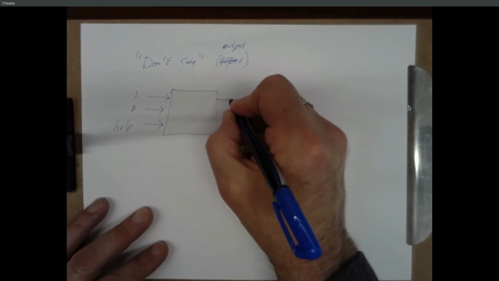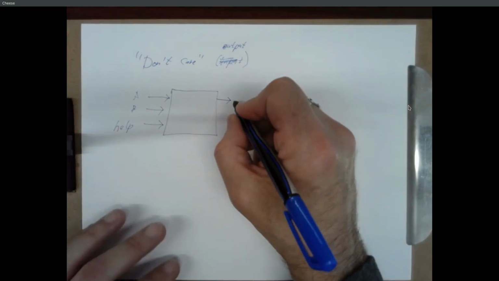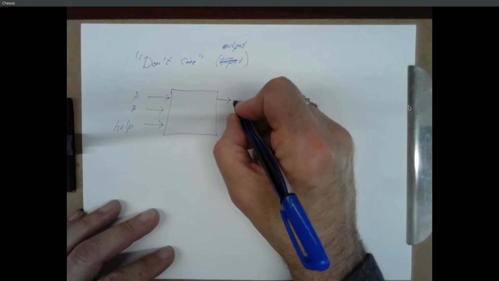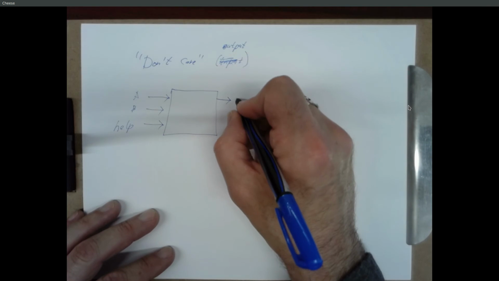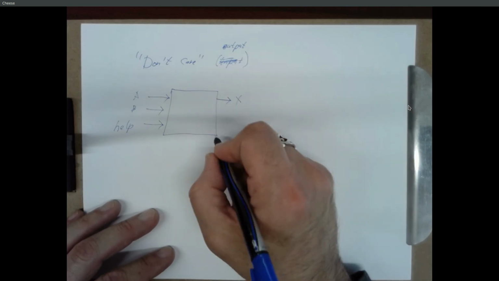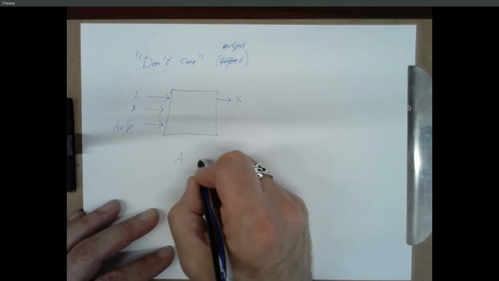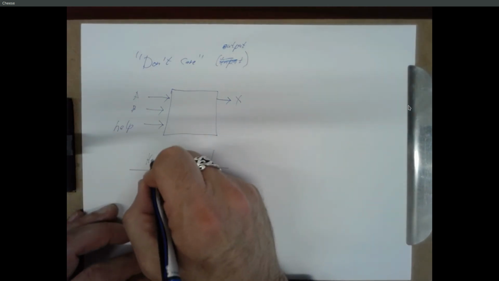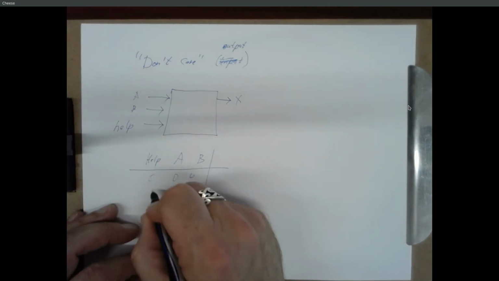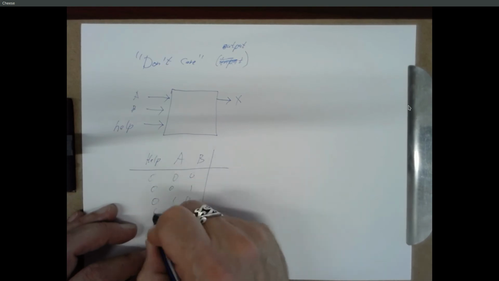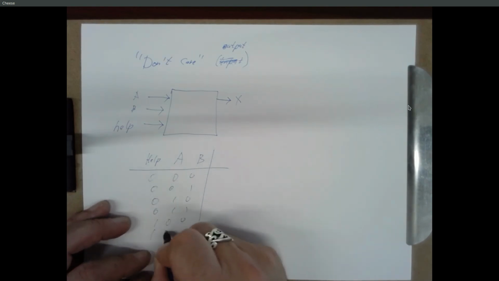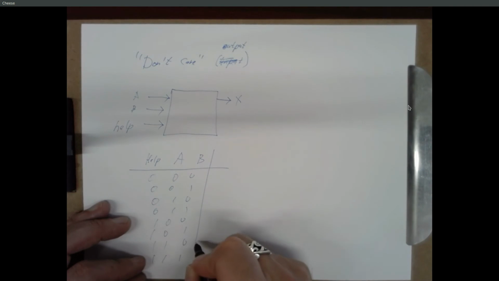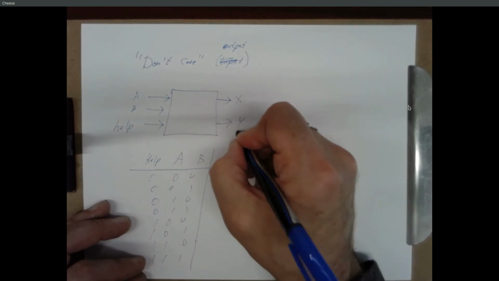And let's say it generates some output X. We've got 3 inputs, A, B, and help, and we've got outputs X and Y.